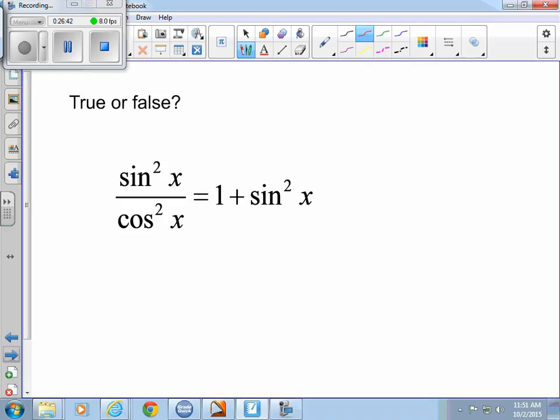True or false? This is really headed into the big thing we're going to be doing this chapter, which is verifying trig identities. But this is just a true or false question. Somehow I want to know if the left-hand side equals the right-hand side or not. False. What is the left-hand side? What is sine squared over cosine squared? Tangent squared.